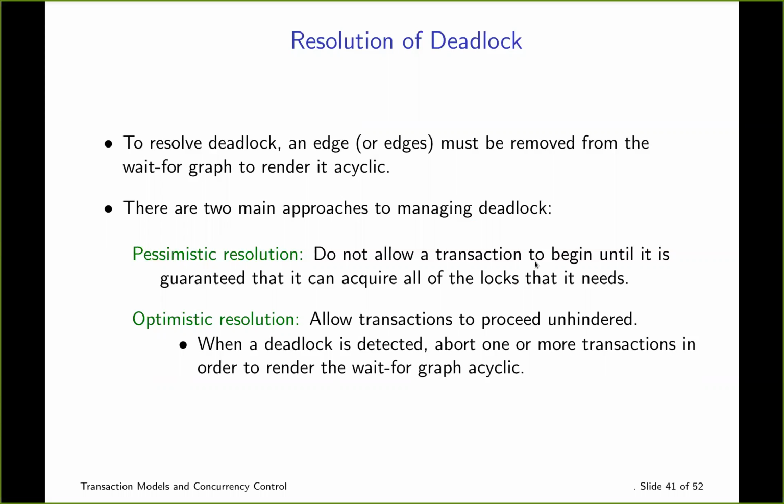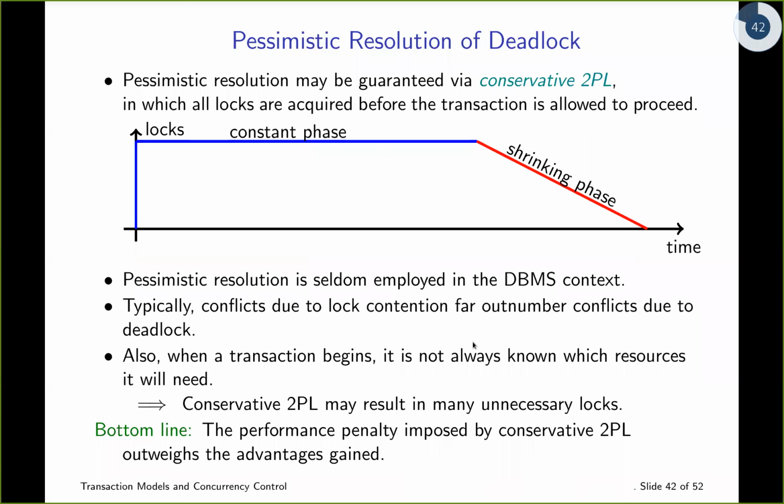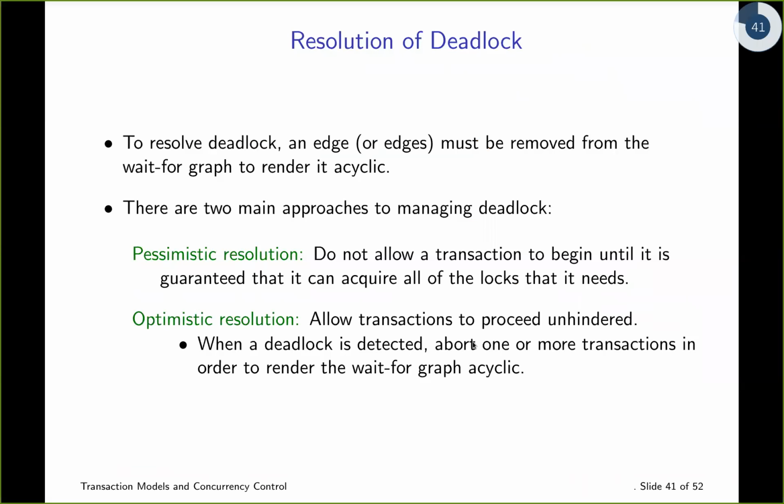In many cases it's impossible to anticipate, unless you're going to lock the whole database, which you don't want to do. It's very hard to anticipate beforehand what locks are going to be required in a transaction. So what actually gets implemented most of the time is optimistic, where you have this waits-for graph, and based on what transactions are doing, sometimes a transaction needs to get aborted.